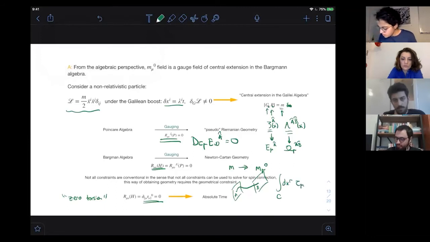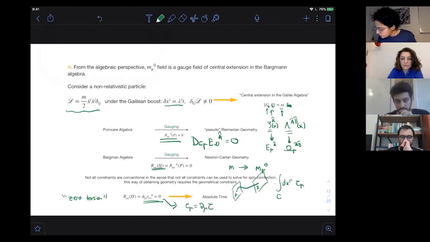And the solution for tau_mu from this constraint is, if I solve tau_mu in terms of a function, that would be partial_mu tau.